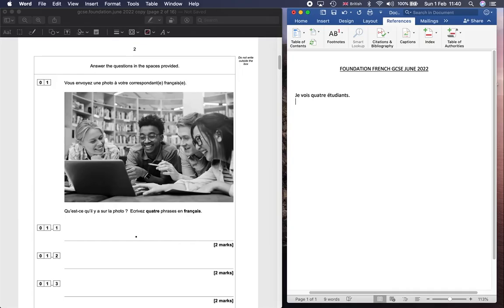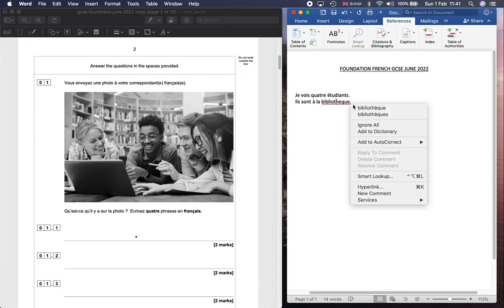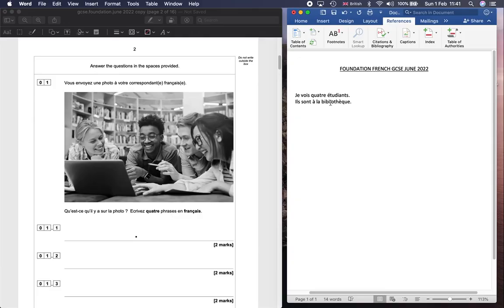Now let's have a look where they are located. They are at the library. Ils sont à la bibliothèque. Ils sont à la bibliothèque.